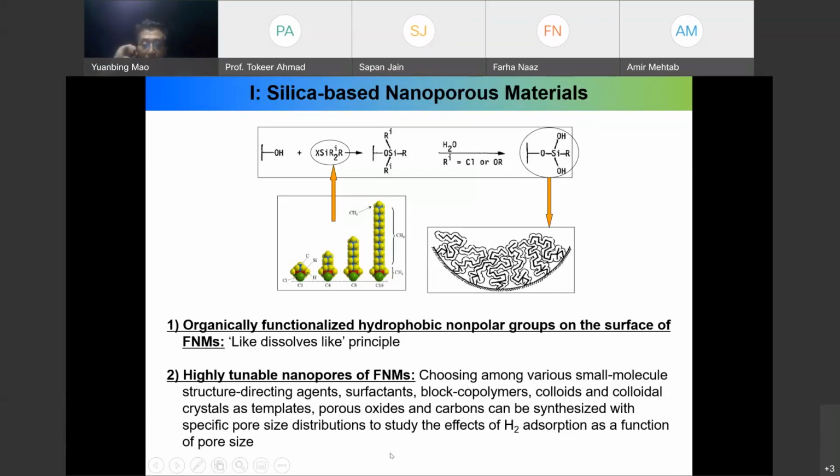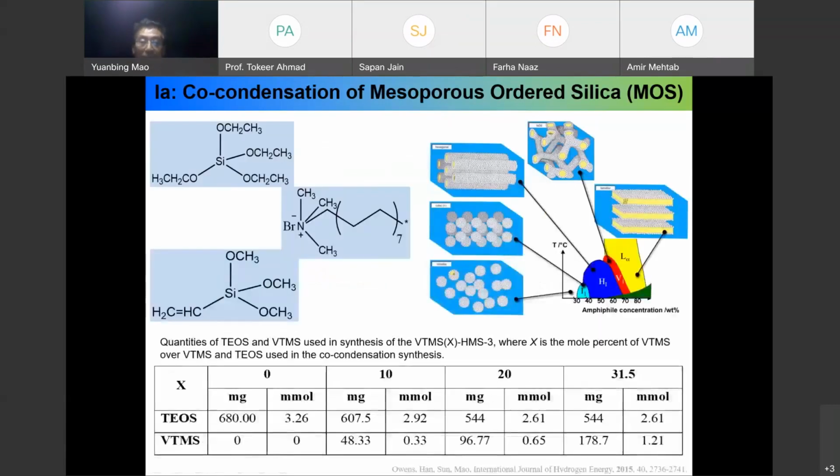That's what I'm going to show you. And how did we do that? When we want to make a porous silica, we use TEOS, and when we add a surfactant to tune the pores, the size distribution, and the orientation. But here we add another silane, which is called TMS.